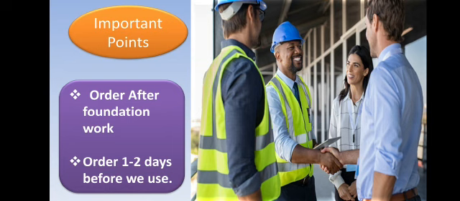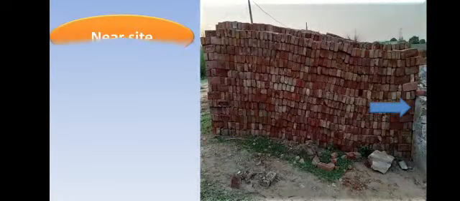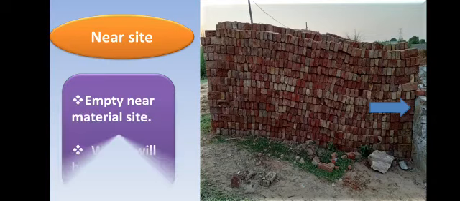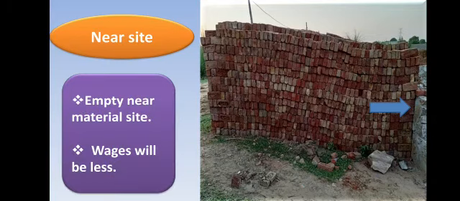So order the material only when there is a demand for the same. Next, unload the bricks at some vacant space nearest to the site. This will facilitate in the reduction of labor cost. Make sure that bricks are unloaded and arranged in stack form rather than just being dumped at the site.